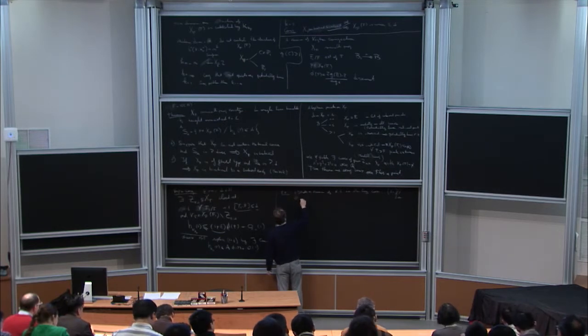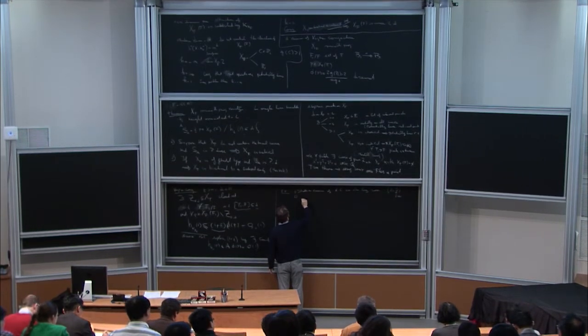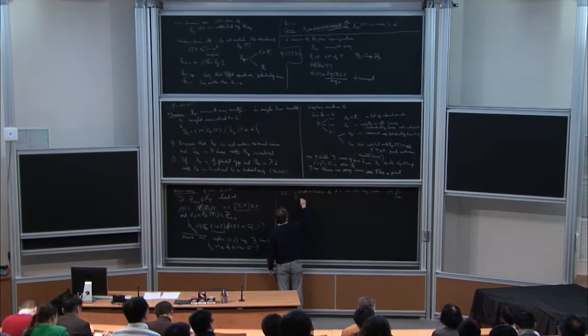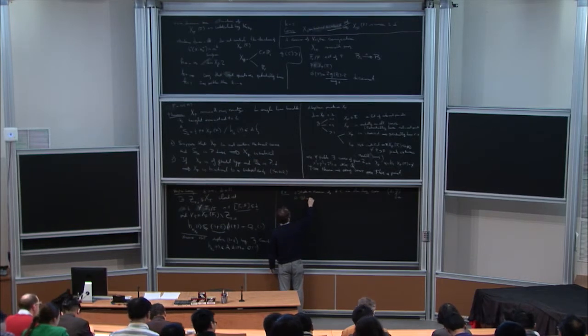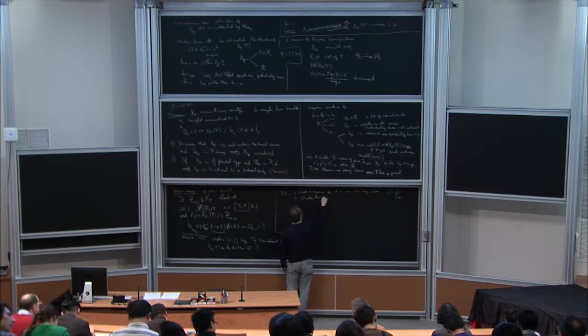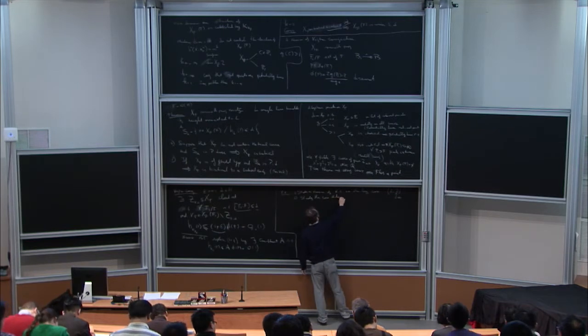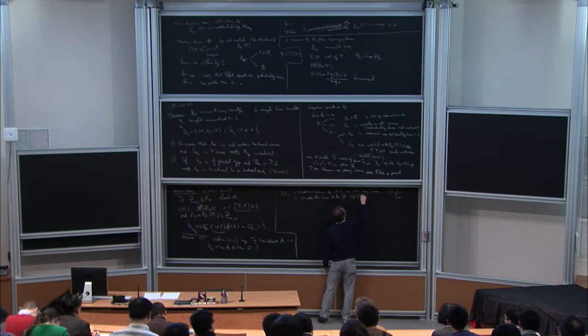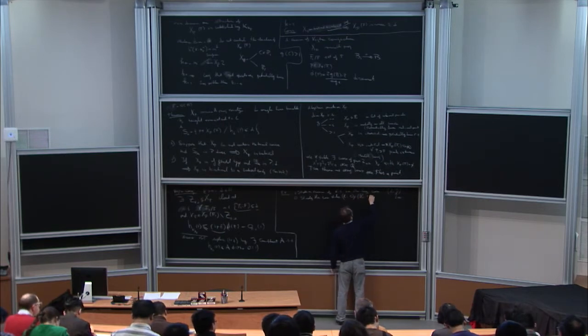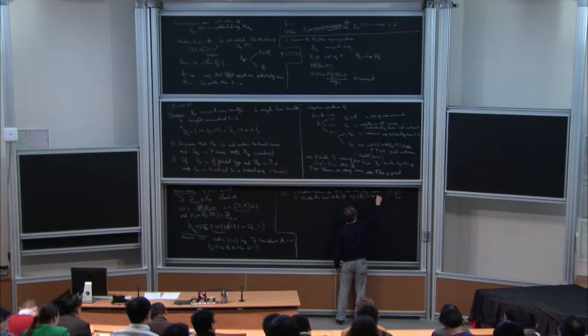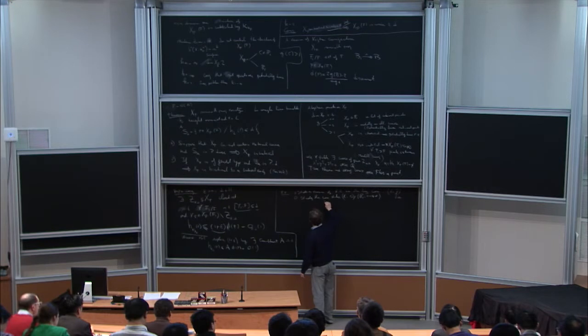Second part is: study the case when (X, D) is P1 and 0 plus 1 plus infinity, this divisor, and deduce the ABC conjecture for function fields.